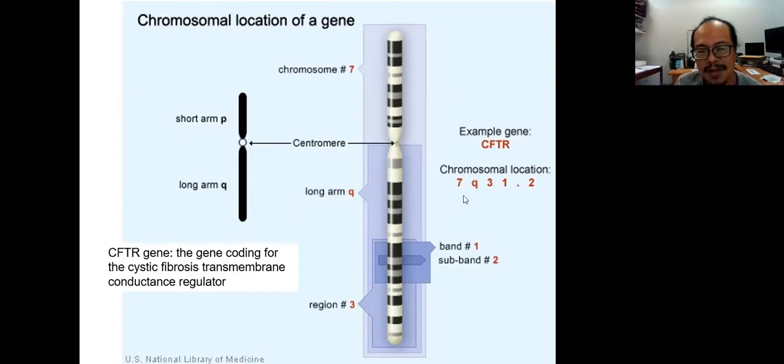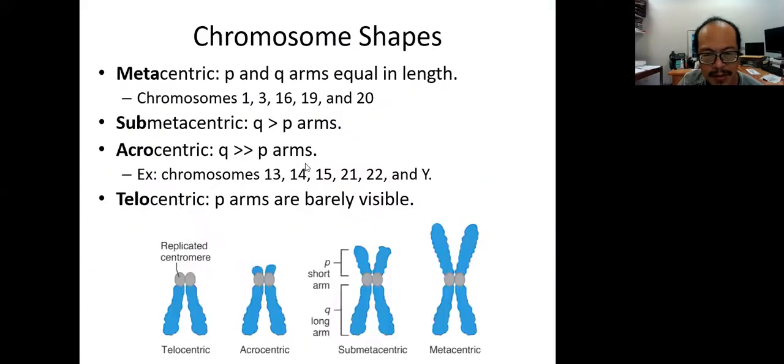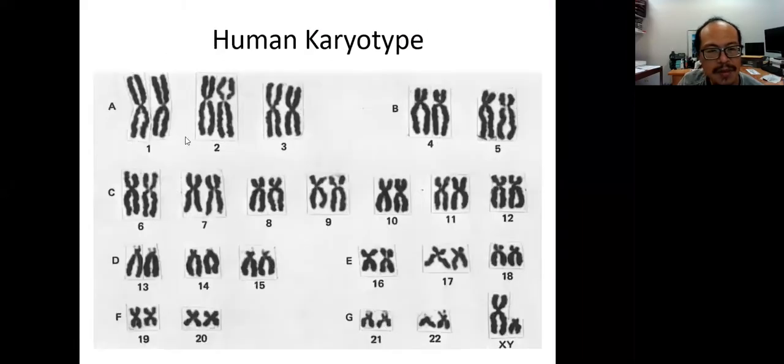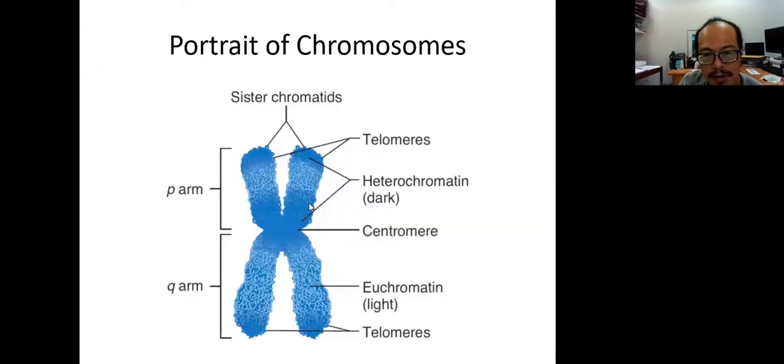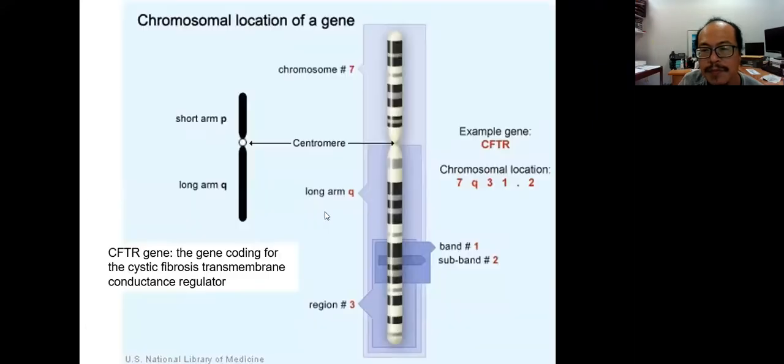In humans it is at 7q31.2. So from here we know that it's on chromosome 7. Each chromosome has this number, like this one here, 1, 2, 3, 4, 5, 7. So it's on chromosome 7. There's the p arm and q arm, and this gene is in the q arm, right? In the q arm, going from the centromere to the telomere, we can have regions 1, 2, 3.